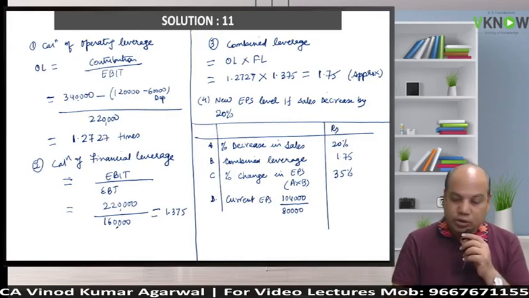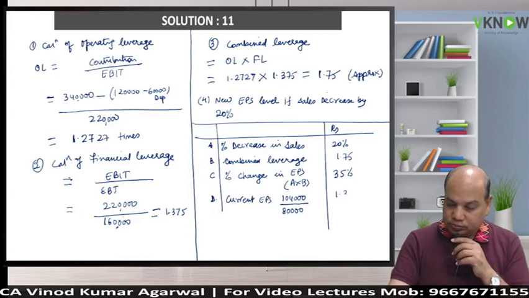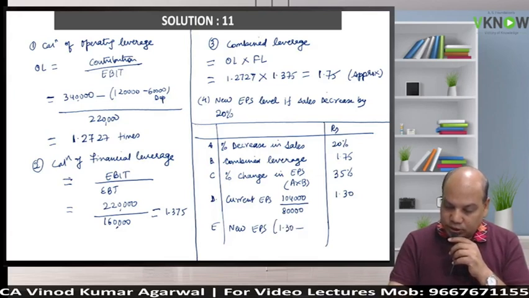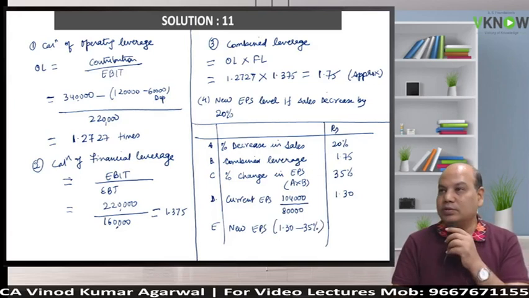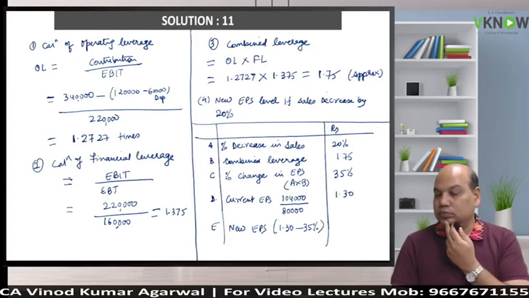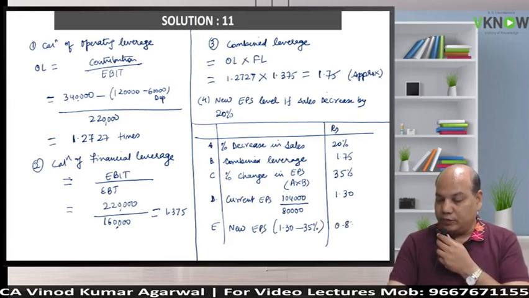Is it 1.3? So point number E, write down new EPS. Revised EPS is 1.30 minus 35%, 0.85 approximately. Answer is not over.